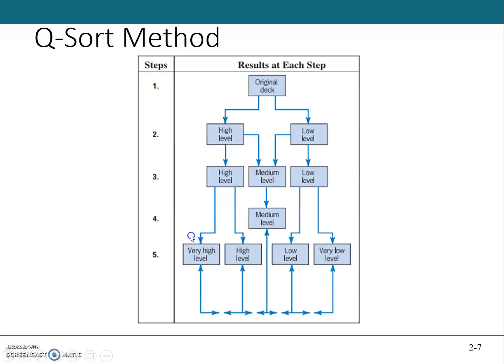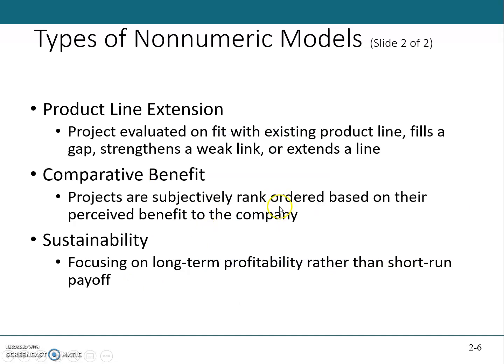So in this Q sort model, first the projects are divided into three groups: good, fair, and poor, according to their relative merits. If any group has more than 8 members, it is subdivided into two categories, such as fair plus and fair minus.